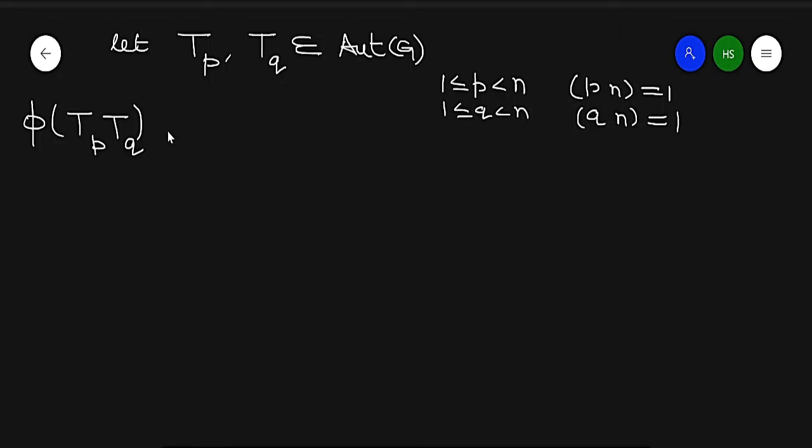Remember that. So this mapping can be written as phi of TP and TQ.